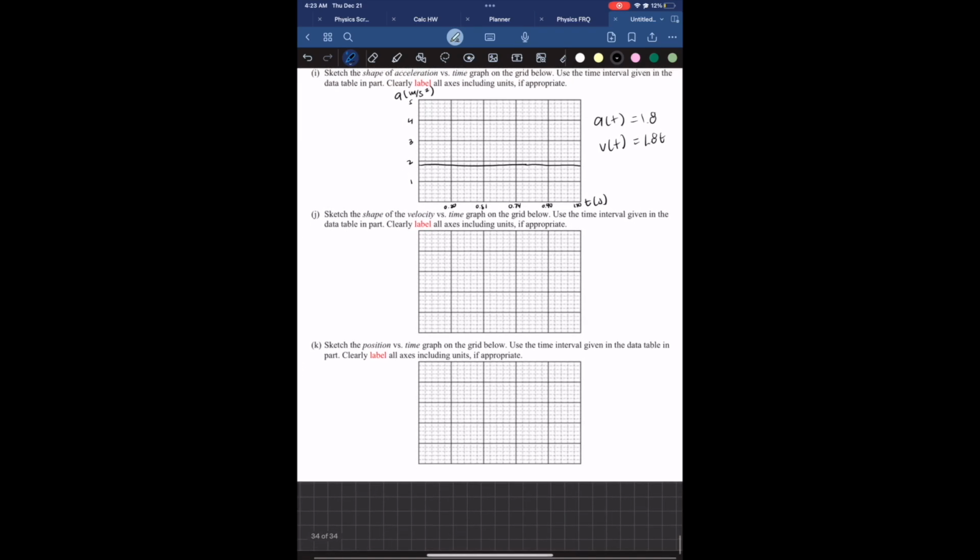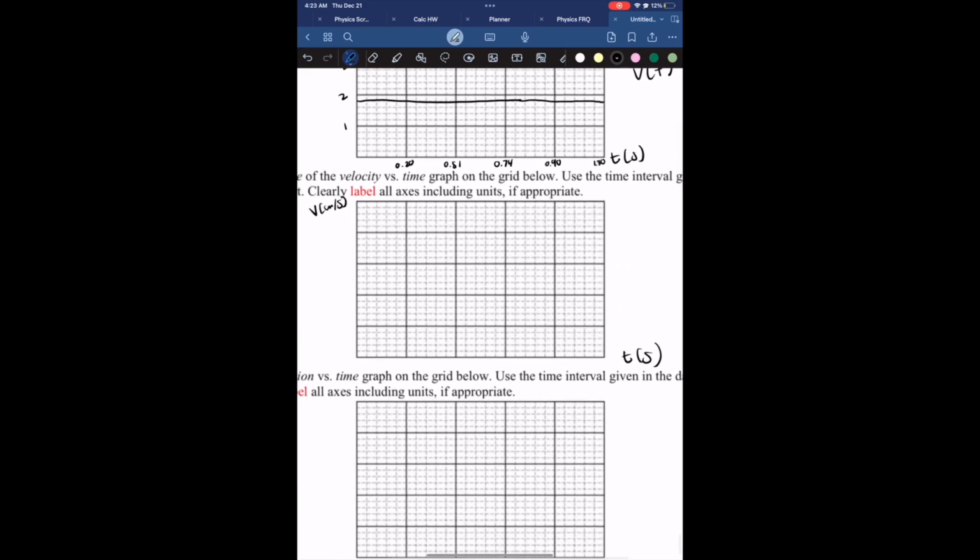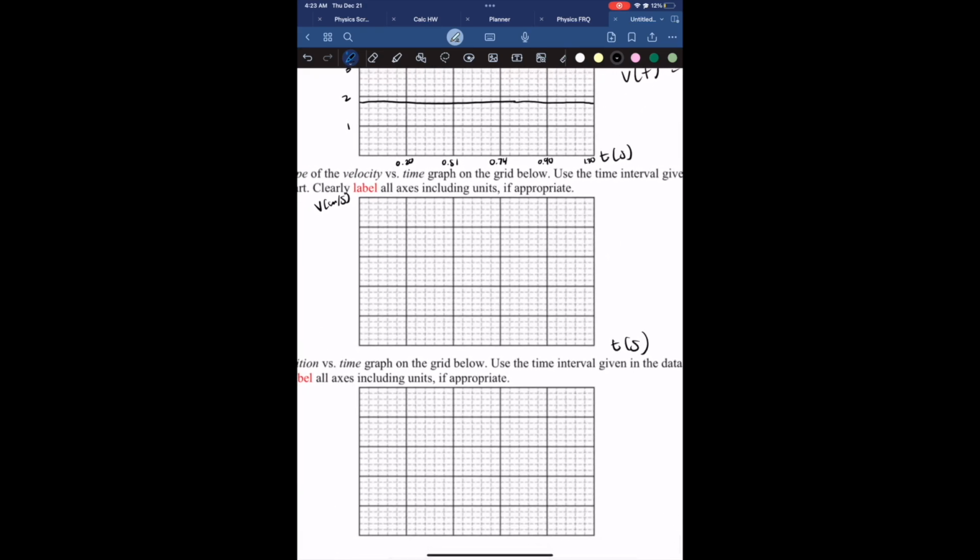And for the next graph, I graphed the velocity versus time graph, and I found the equation for that earlier. So the y-axis is going to be velocity in meters per second, and time in seconds.